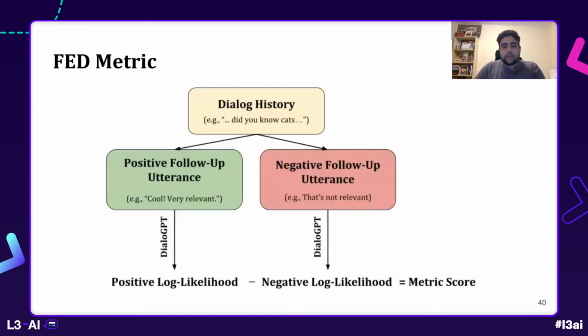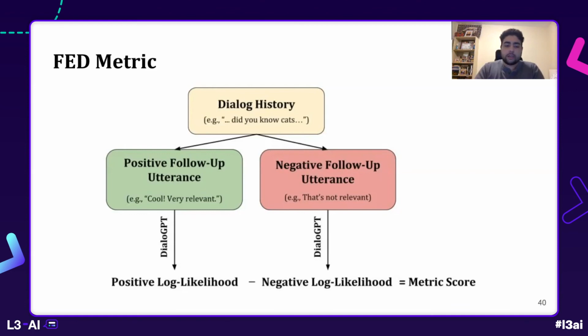So essentially for the FED metric, what we do is we take the dialogue history, and then we use DialoGPT to evaluate the log likelihood of generating both positive and negative follow-up utterances. For example, if we're interested in measuring how relevant a response is, we assess how likely is it that DialoGPT produces "cool, very relevant," versus how likely is it that DialoGPT produces "that's not relevant."